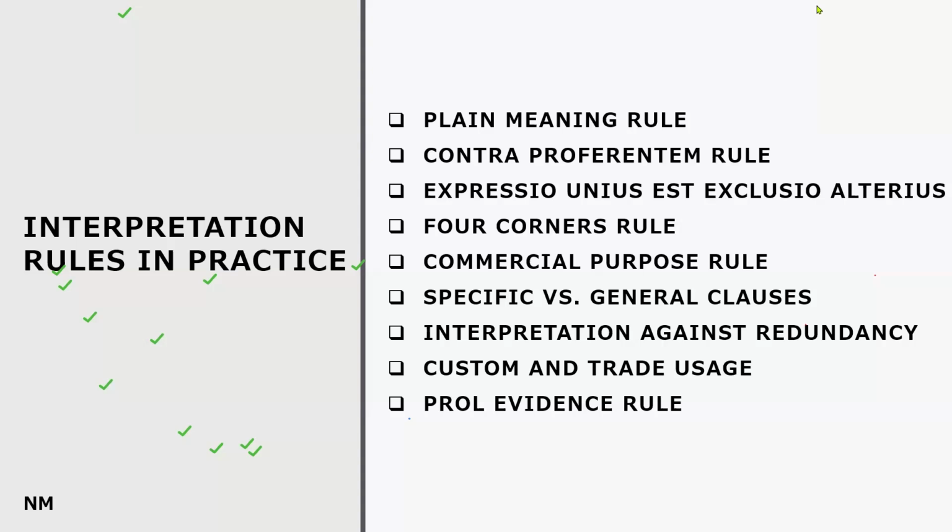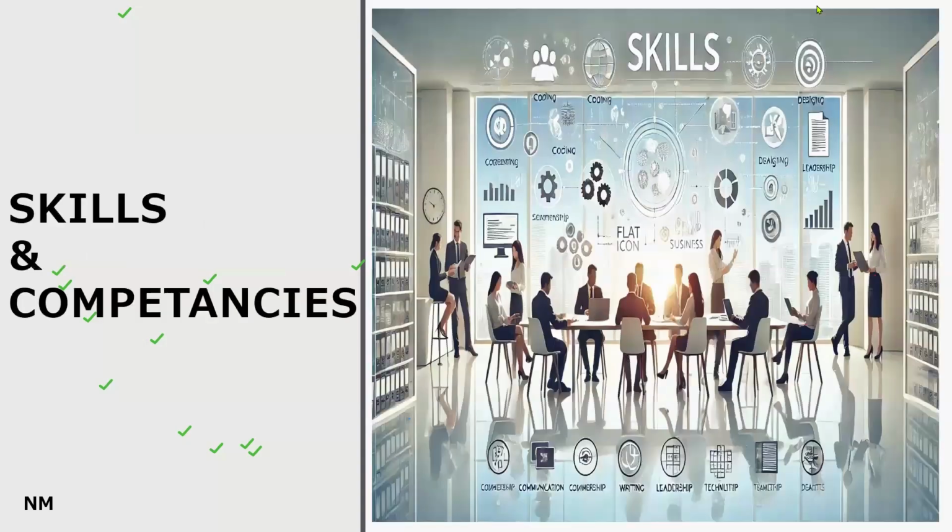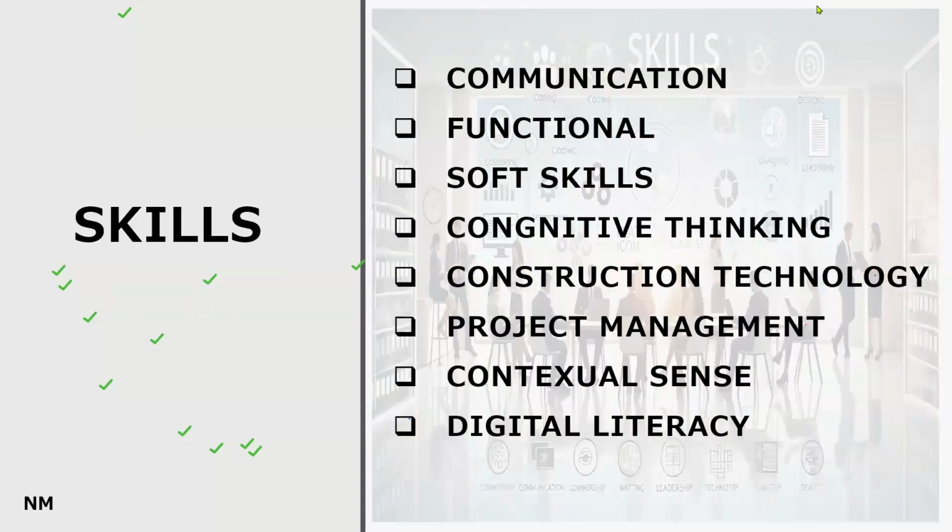Let's go. What are the skills and competencies we need to become a better contracts manager? Basically, we need communication, which is very important, verbal and writing, and also functional skills. Here, I mean the ability to interpret the contract terms as we discussed, right? These two skills are very important and depend on each other.